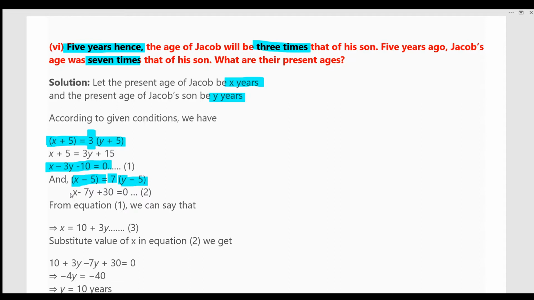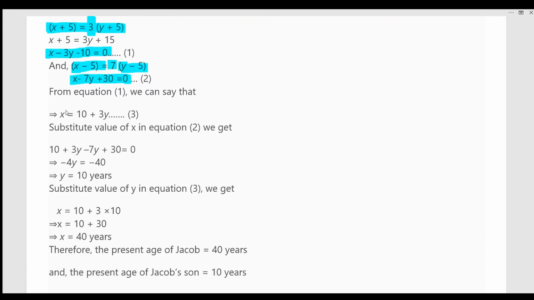You will get x minus 7y plus 30 is equal to 0, which is the second linear equation in two variables. So in this manner, we got a pair of linear equations in two variables for the given condition. Now let us solve. From first equation, we will get x is equal to 10 plus 3y.